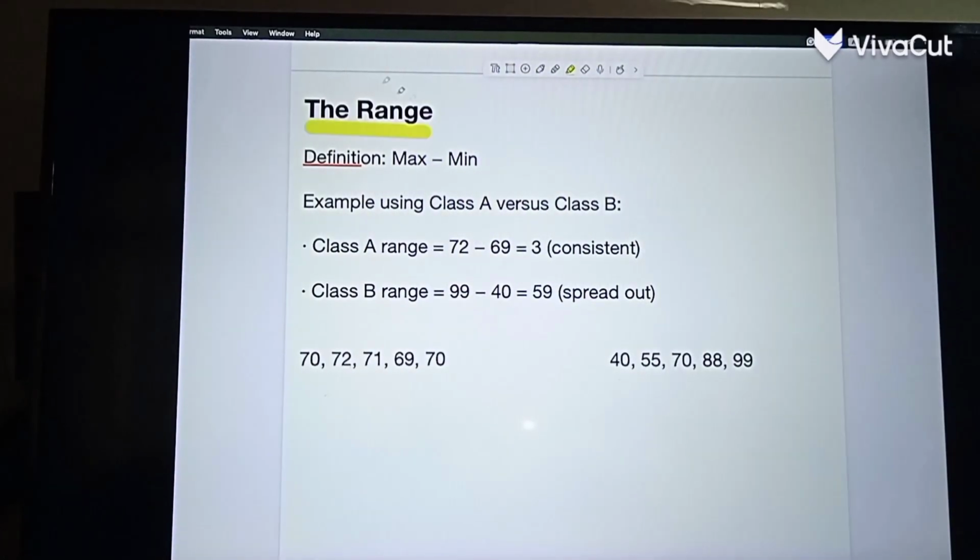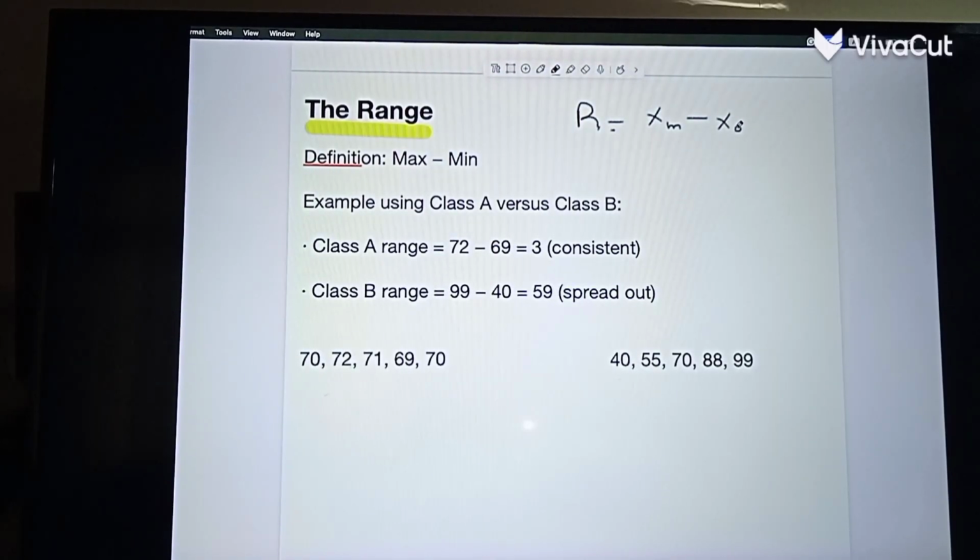So let's start. The range. The range is the simplest measure of dispersion. Range is denoted with R, and it is defined as the difference between the maximum value and the minimum value.